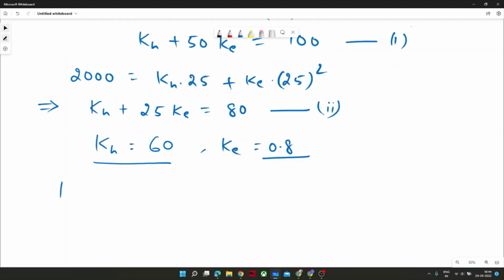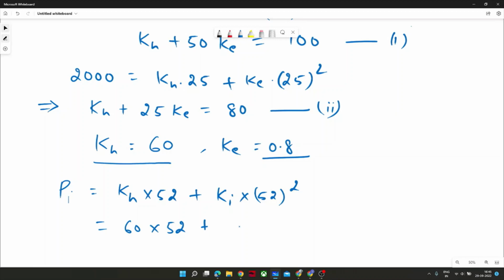Now we have been asked to find out at 416 volt and 52 hertz. So we know KH into 52 plus KE into 52 square, and I will put 60 in place of KH and 0.8 in place of KE.